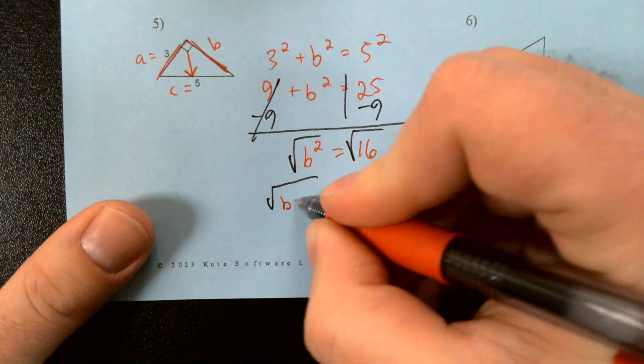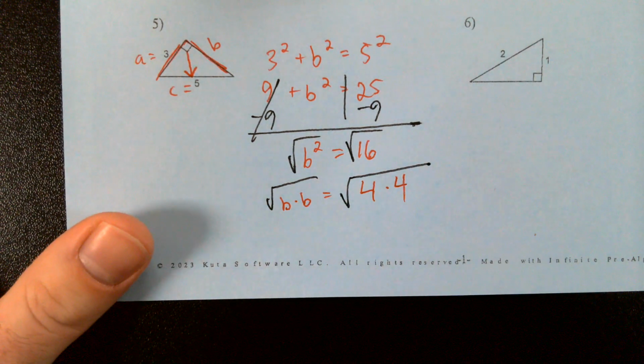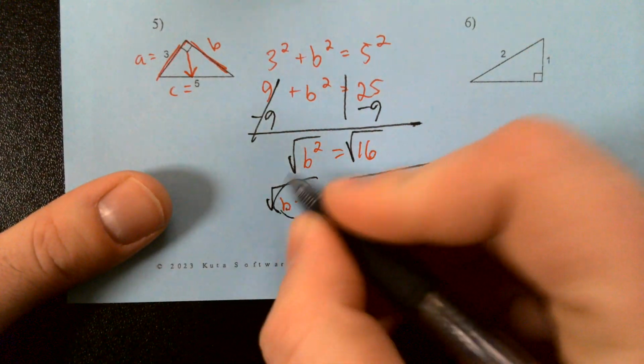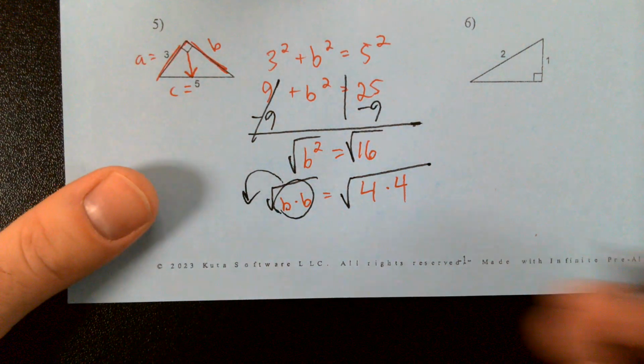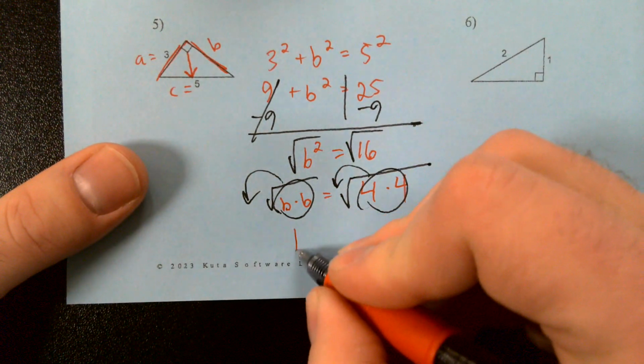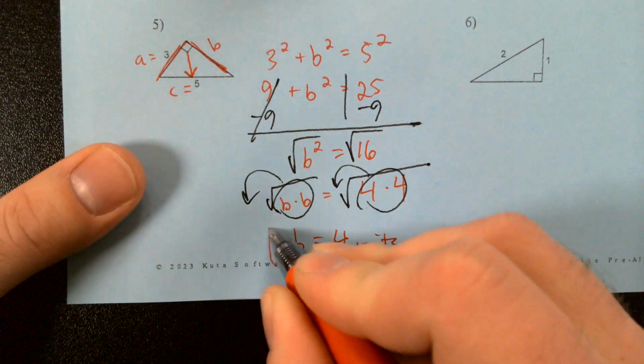On the left we get B times B, and 16, well that's just 4 times 4, right? So now not only do we have a pair of B's that we can bring out, we also have a pair of 4's that we can bring out on the left, leaving us with B equals just 4 units.